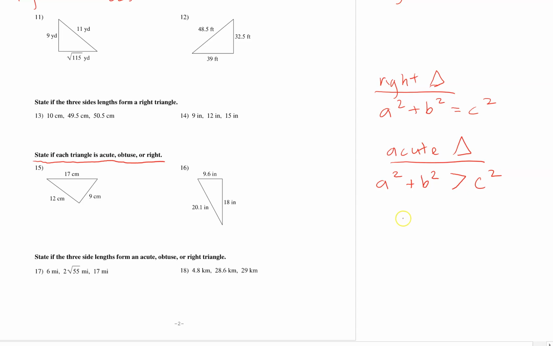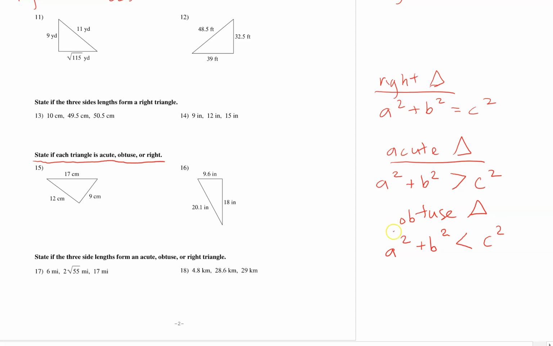And the last situation is if it's an obtuse triangle, and that happens when a squared plus b squared is going to be less than the hypotenuse squared.